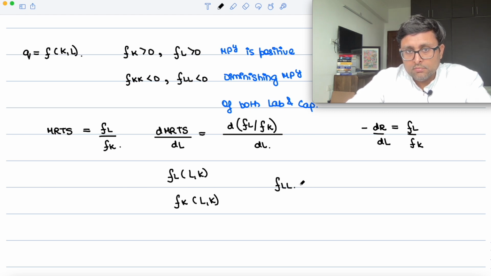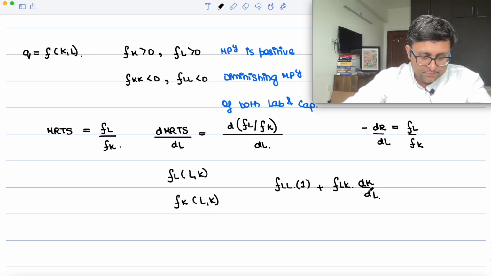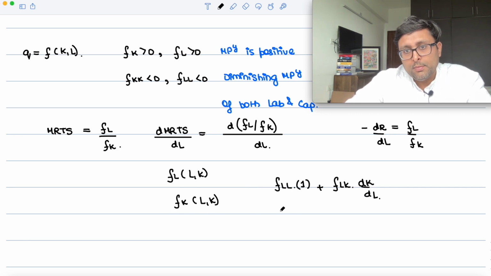FLL, dL by dL, that is 1, plus FLK, dK by dL, right? This is the derivative for this. If you want to differentiate the other one, what will happen?